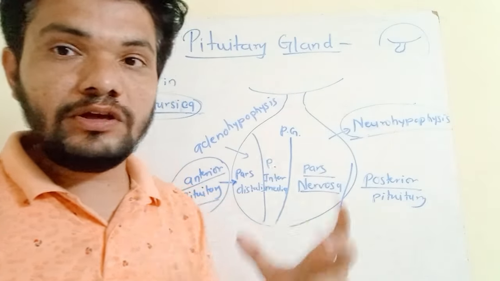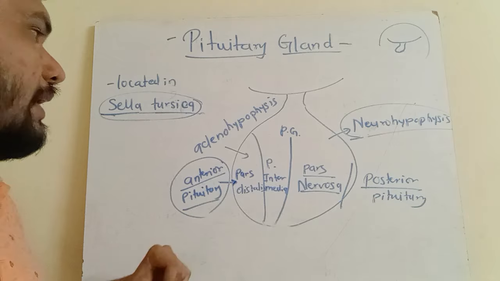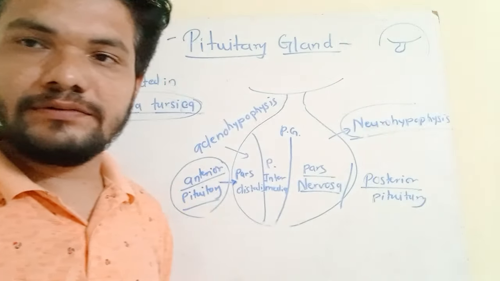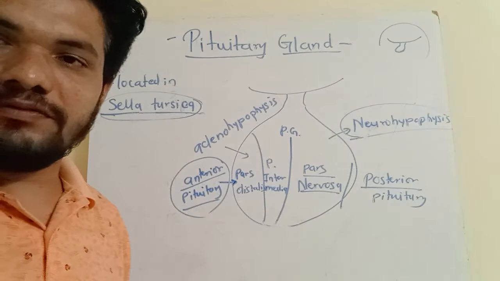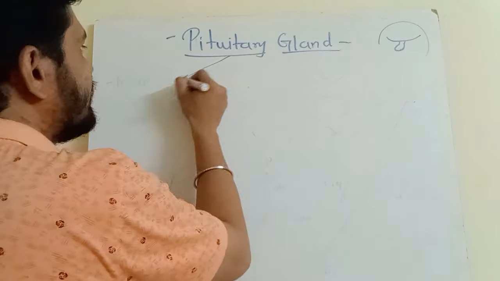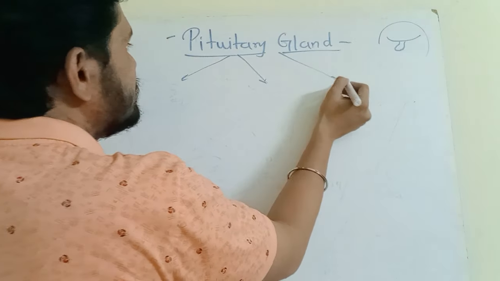Let's see about the hormones secreted by these regions of the pituitary gland. Let me just erase this and then we will start. So the pituitary gland is divided into three regions.